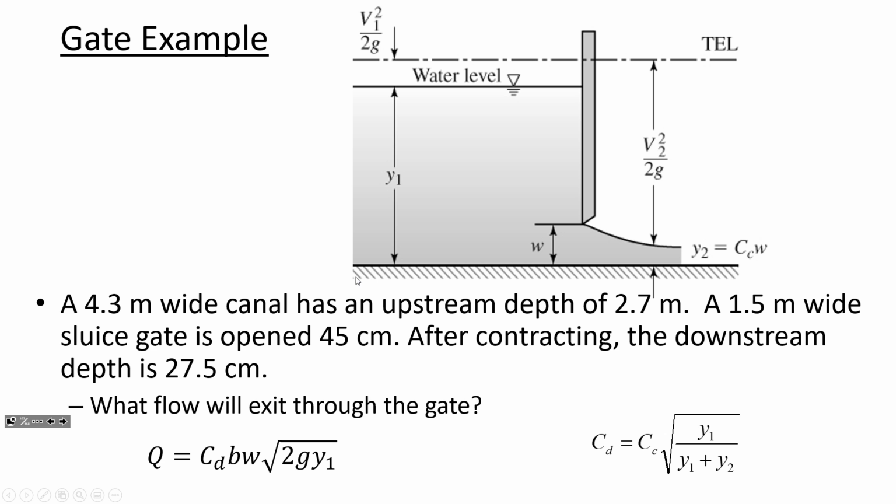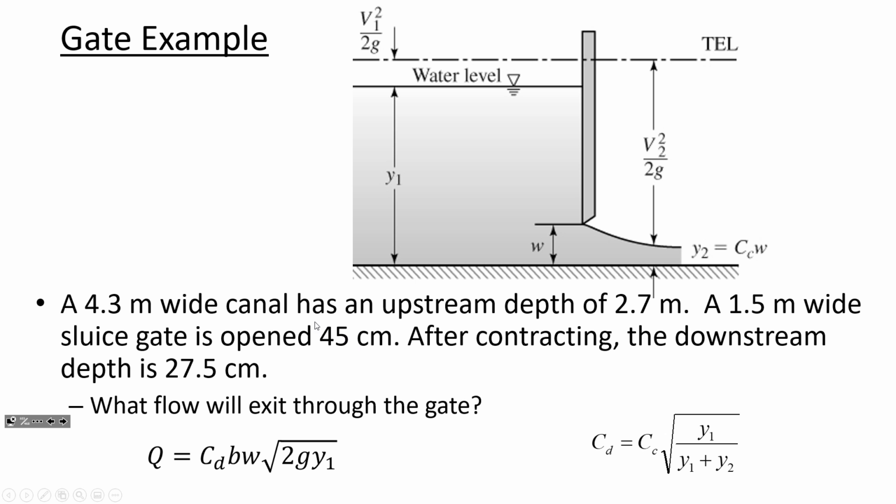So although the channel itself is 4.5 meters, the width of the gate that's releasing flow is just 1.5 meters. So that's going to be the B value that's used in this formula, the width of the gate, not the width of the channel.